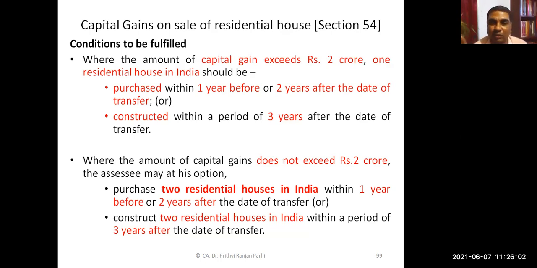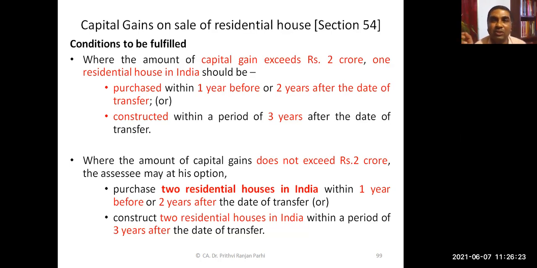Purchase 2 residential houses within 1 year before or 2 years after the date of transfer. So we'll find the date of transfer, within 1 year prior to that or 2 years after that, the assessee must have purchased either 1 house or 2 houses for residential purposes.